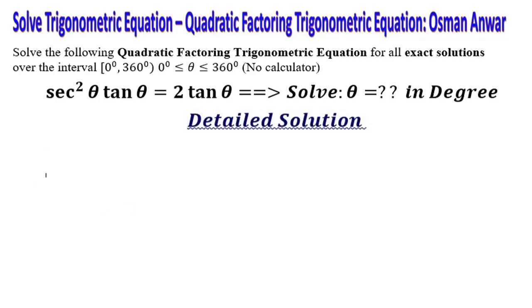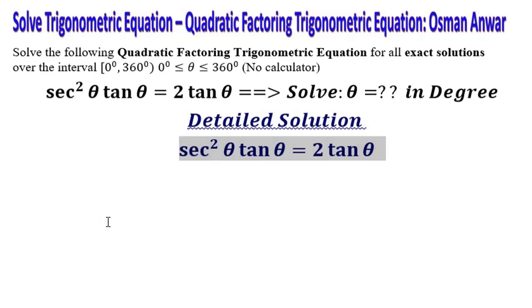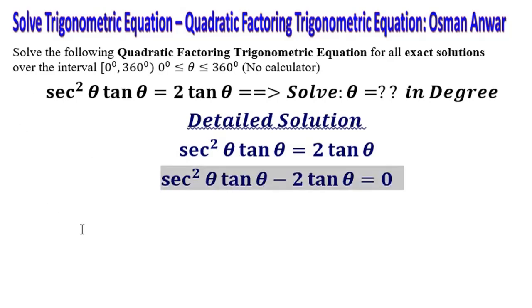So here is a detailed solution. Again, secant squared theta times tan theta equals 2 tan theta. So do not divide both sides by tan theta. If you do that, you will lose part of the solution. What you do is secant squared theta tan theta minus 2 tan theta equals 0. So you bring the 2 tan theta to the left.